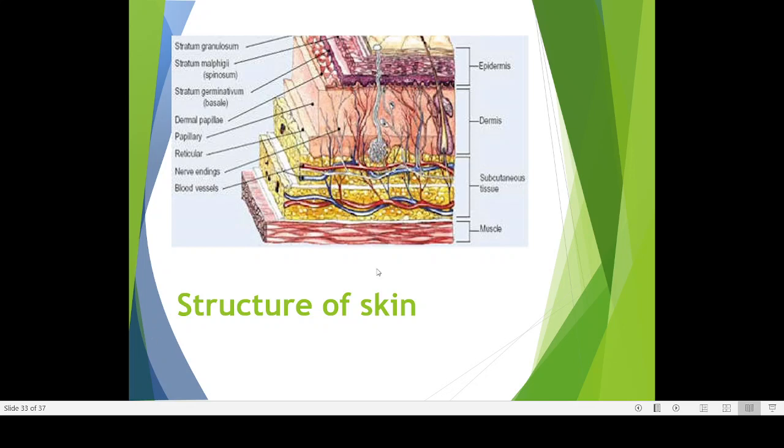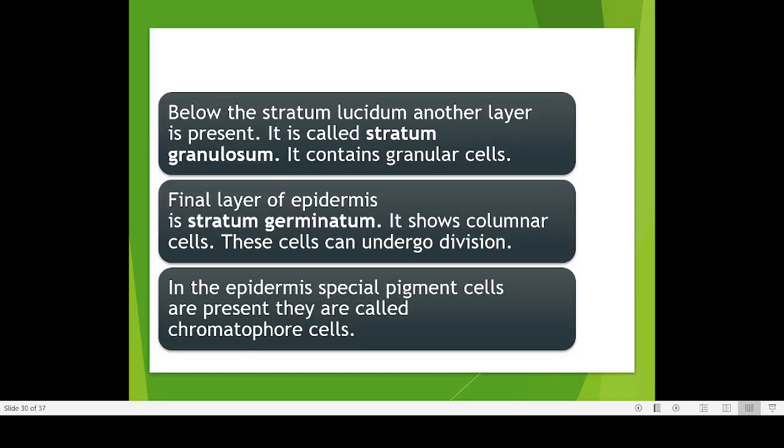The epidermis is actually formed of a number of separate layers: the stratum granulosum, the stratum malpighi, otherwise known as stratum spinulosum, and the stratum germinativum. These are the three different layers present in the epidermis.